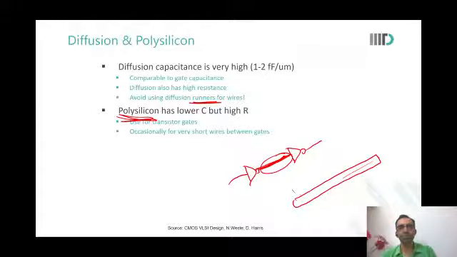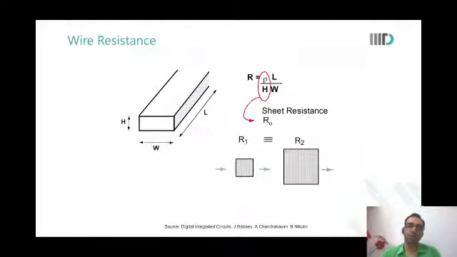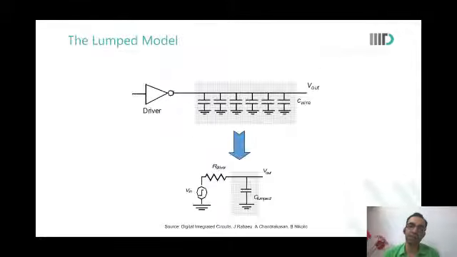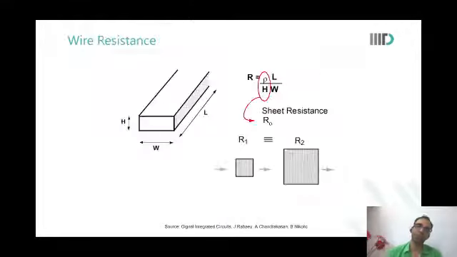One very important quick concept, which we had already seen last time, is that of sheet resistance. As a designer, you have no control over this height H. This is a technology feature.